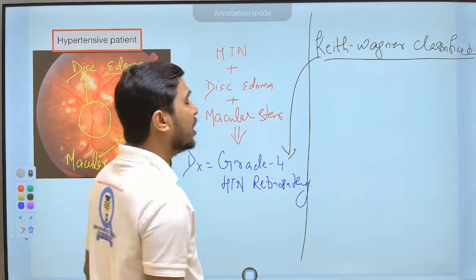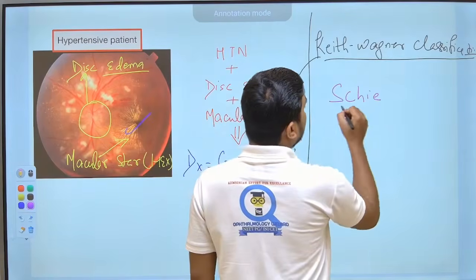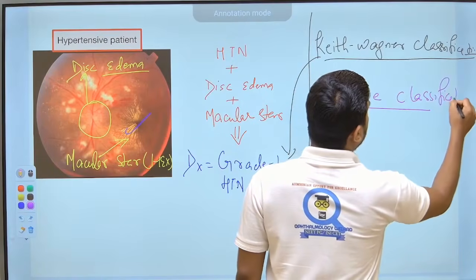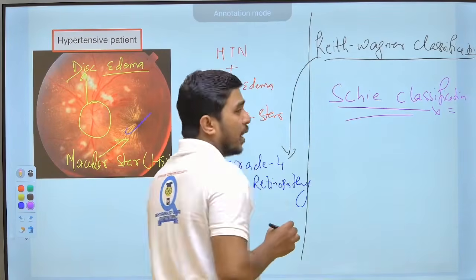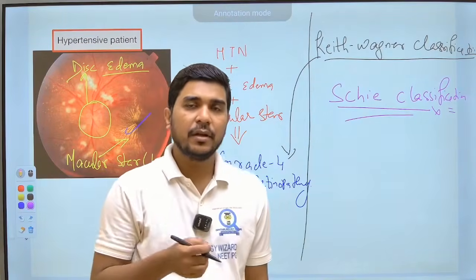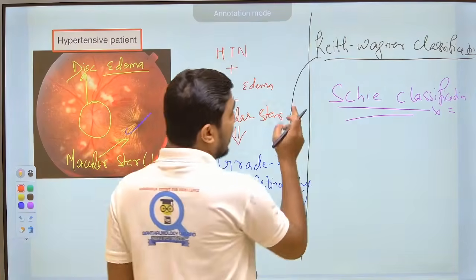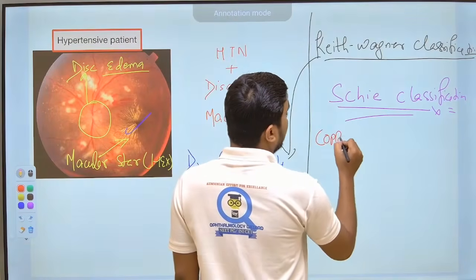The second classification is the SHE classification, the C classification. Why am I telling you the C classification? Because sometimes they will ask you the grade of copper wiring, the grade of silver wiring. So you have to answer. In this C classification, they have mentioned copper wiring.